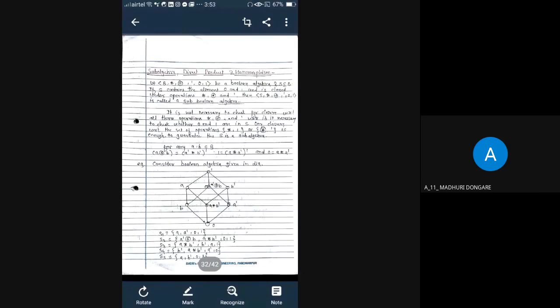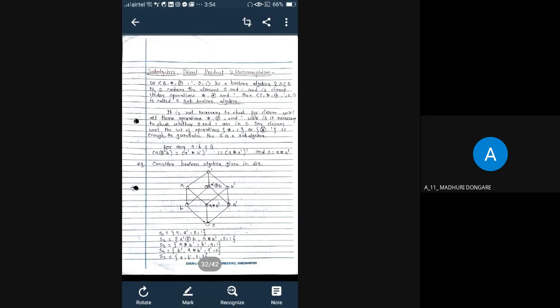Like P is equivalent to negation of negation P, because the negations get cancelled and the answer will be P equals P. So here you can't take the complement only once. That's why we take the complement twice; then only those two statements will be equivalent.